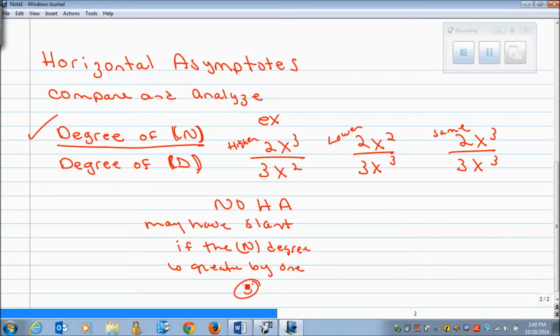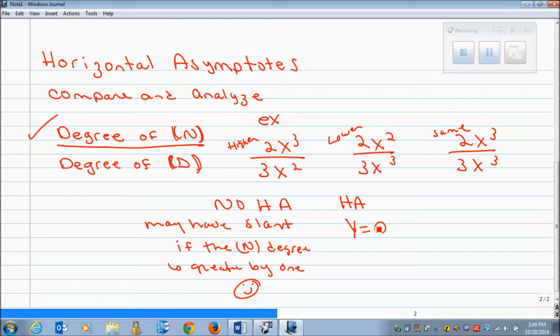All right, let's take a look at the second example. The degree is lower in the numerator. If it's lower in the numerator, then our horizontal asymptote will be y equals 0. So if it's smaller at the top, you get y equals 0. Larger at the top, you have no horizontal, but you could have a slant.